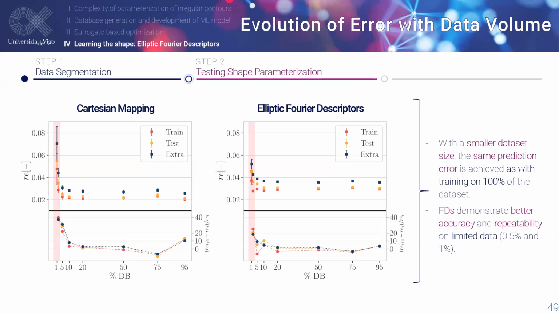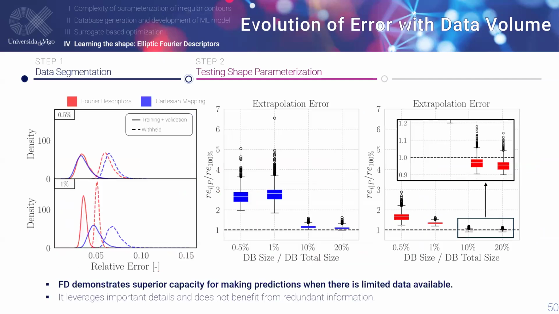And also, as I've mentioned, the Fourier descriptors show better accuracy for limited data. Focusing on reduced data sets, which is what everyone is interested in because it's cheaper to run fewer numerical simulations, we evaluated in more detail the training and validation error versus the withheld dataset, which was this extrapolation dataset, to measure whether the model trained on the elliptic Fourier descriptors had a better capacity to generalize.